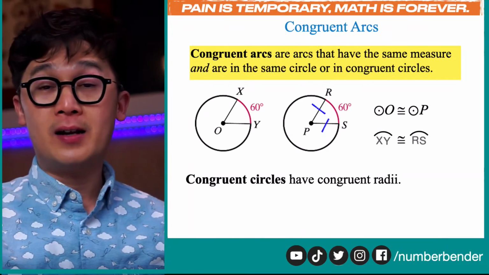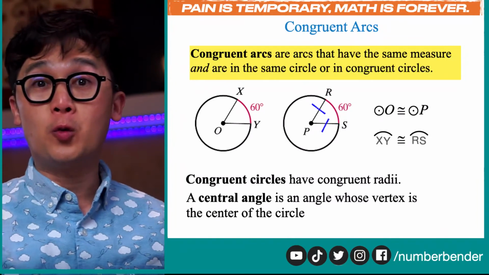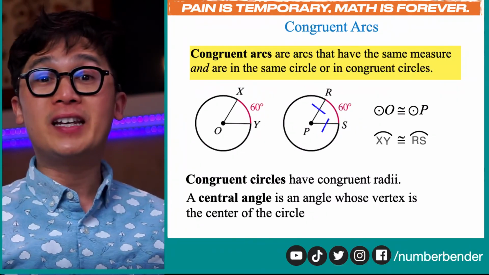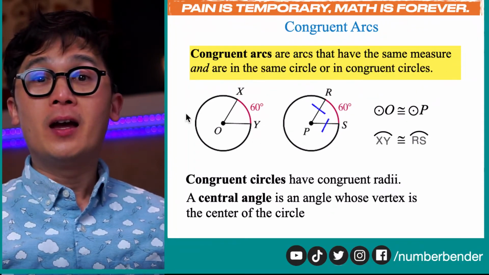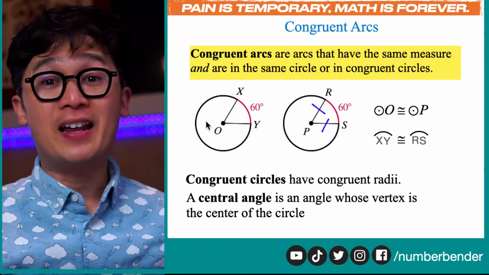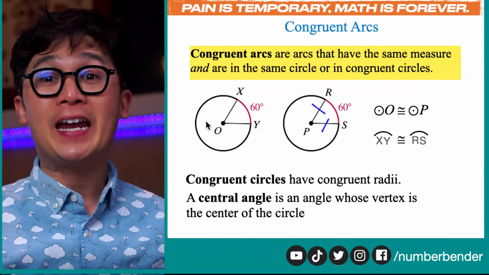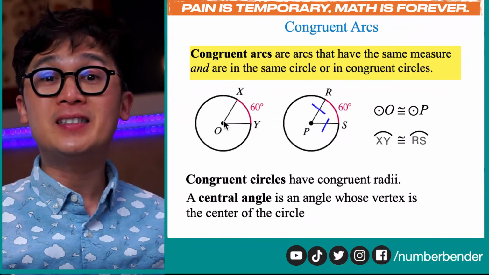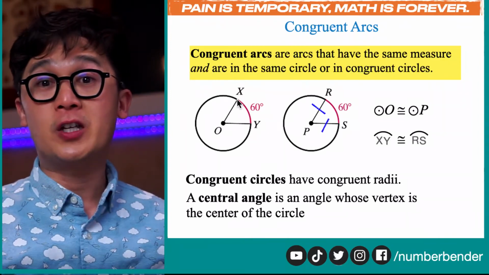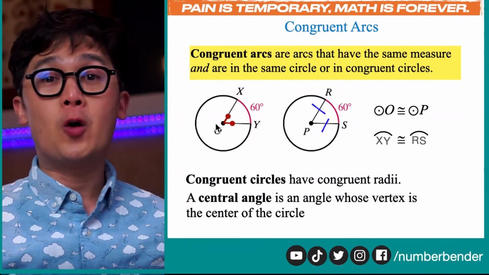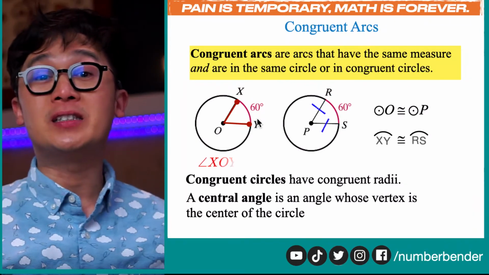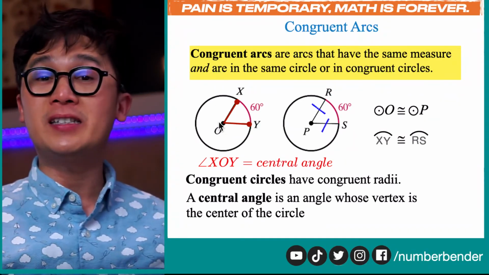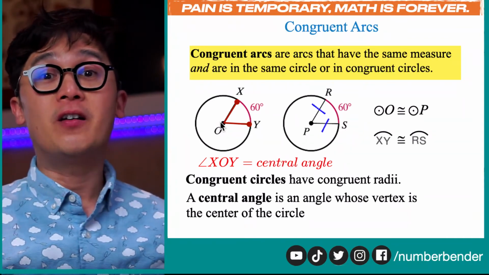Another theorem that we need to remember about congruent circles concerns the central angle. The reason why it's called the central angle is that the vertex of this angle is the center of our circle. So angle XOY, denoted by this notation, is a central angle because its vertex is the center of this circle.